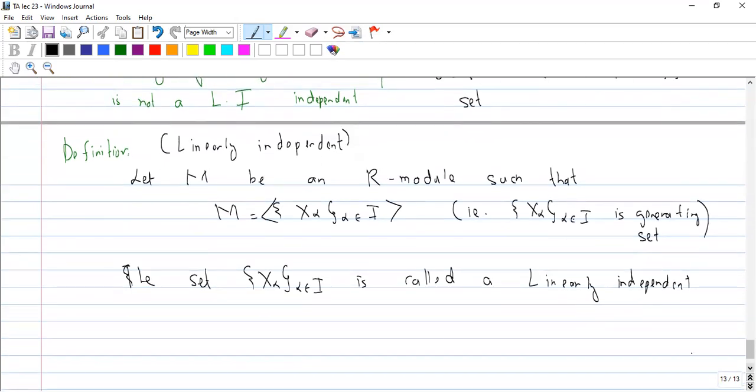It is a linear independent set if whenever I construct a finite linear combination from this set which is equal to 0, it implies that r alpha is equal to 0.